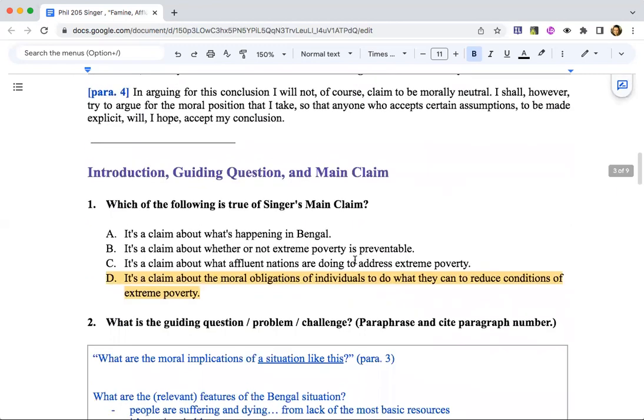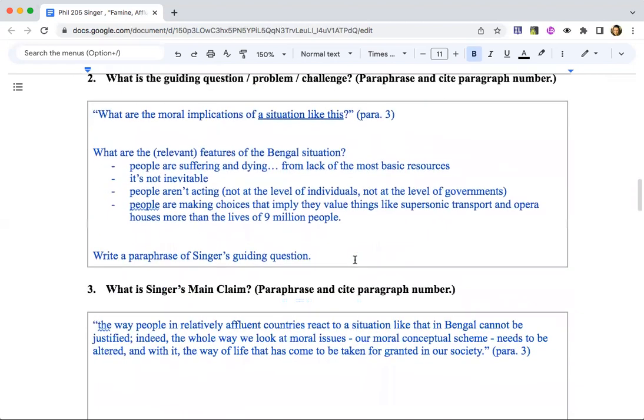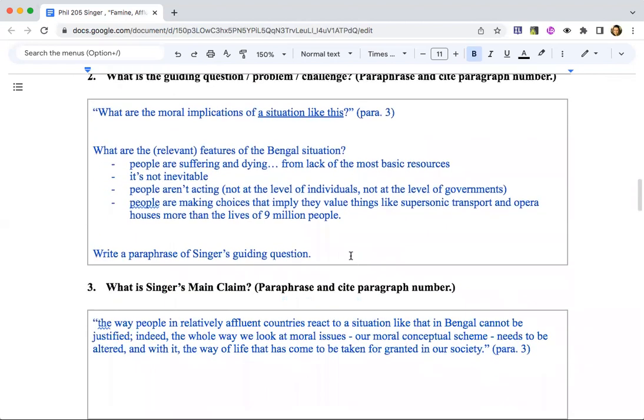And his claim is that it doesn't hold up to scrutiny, that it's not justified, that we ought to change the way that we, at least generally, whatever this is, we ought to change it and accept a different way of looking at the world and our place in it and our moral obligations.